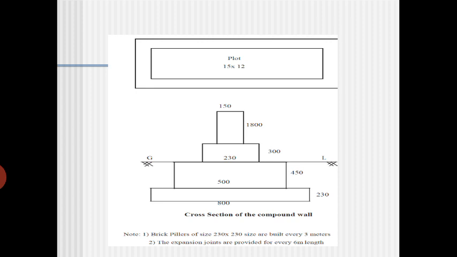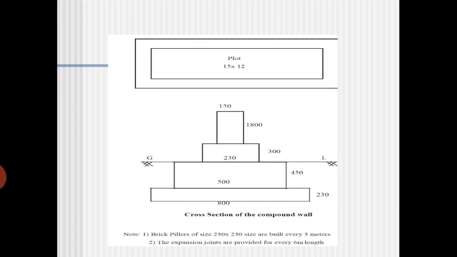I have given one problem on bricks to solve in some of the previous lectures. Normally they will provide these brick wall pillars. In between the pillars they will provide a number of panels, which may be made of concrete or of steel. And the expansion joints are provided for every 6 meter length, that is, between every 2 successive panels.